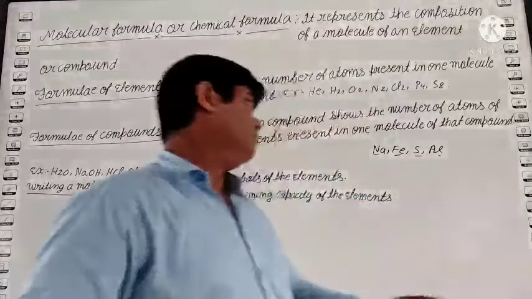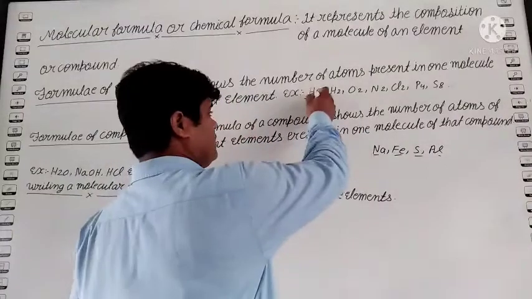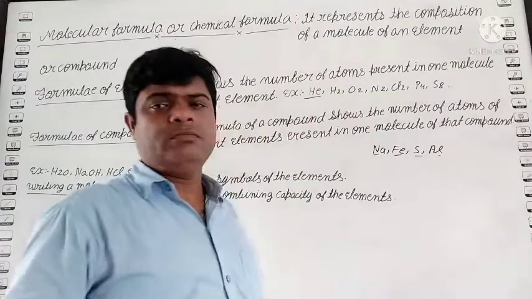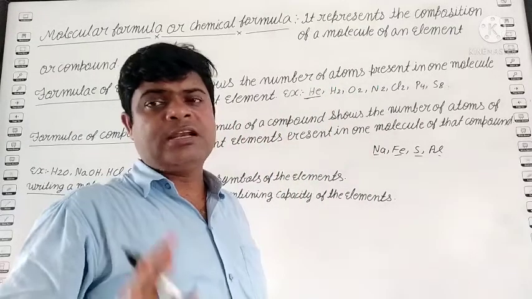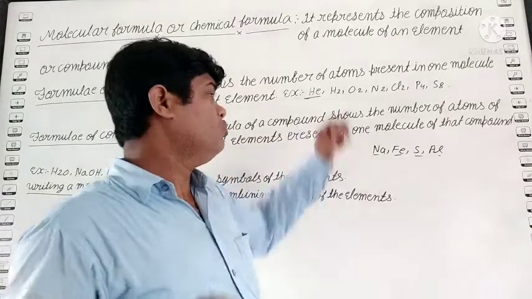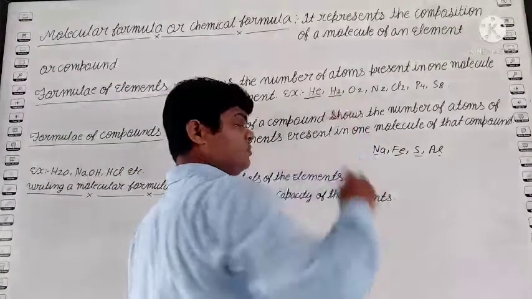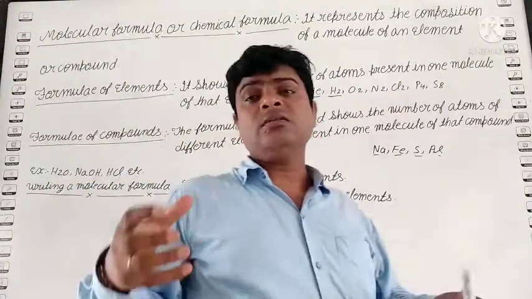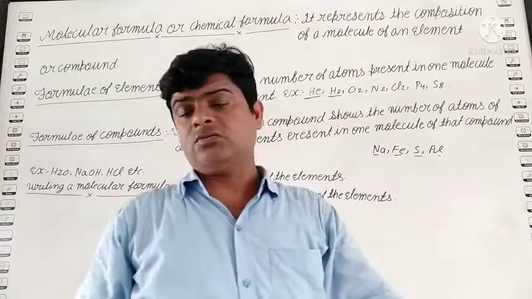Suppose helium is a noble gas with only a single atom, so we easily identify that helium is a single atom. Hydrogen is H2, which means two hydrogen atoms join together and form one molecule.